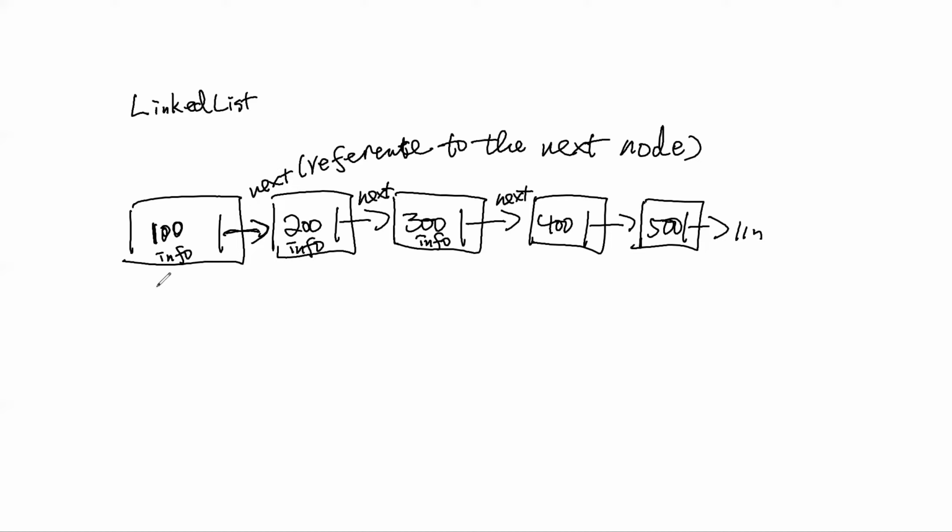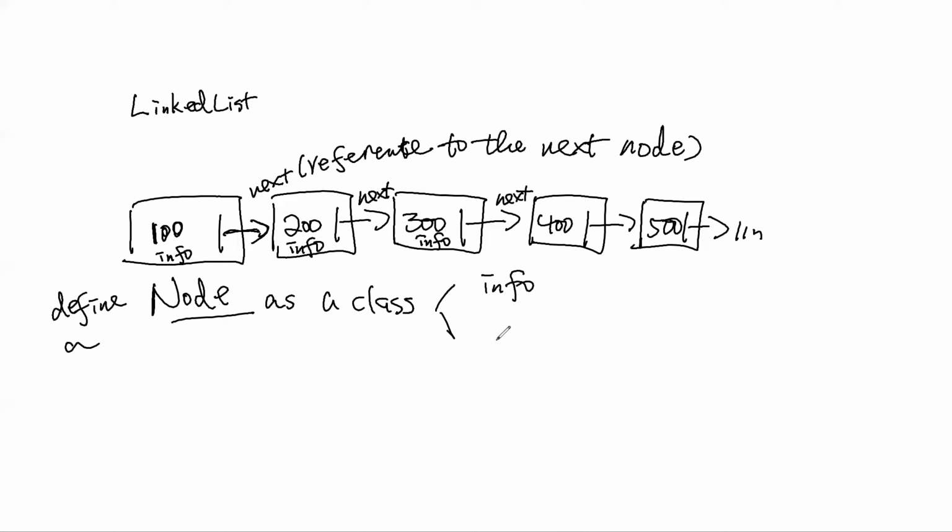So basically, this is a node. And based on what we have learned, we can also define a node as a class. Within the class, it has those two instance variables: information, and the type we learned, the generic, can be T. And the next.